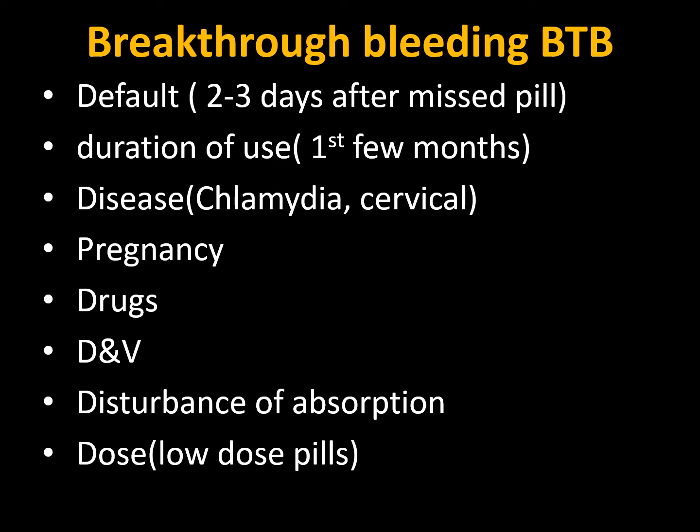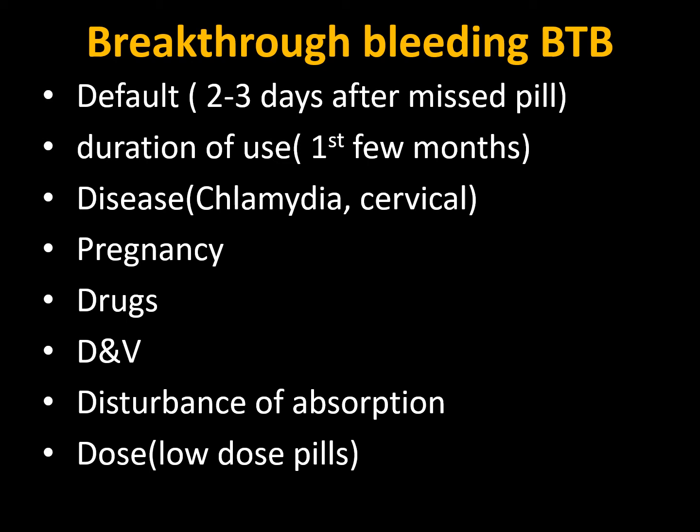Breakthrough bleeding is the bleeding that occurs while women start using the combined pills, and it is a form of intermenstrual bleeding. It occurs usually in the first few months of using the combined pills, usually the first 3 months, and then it stops.